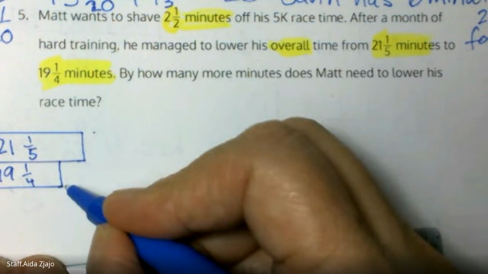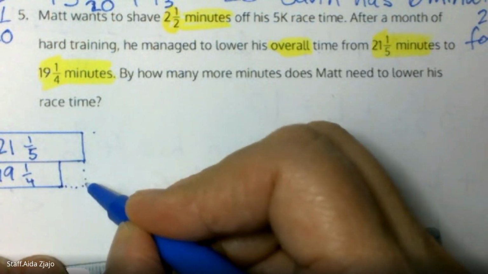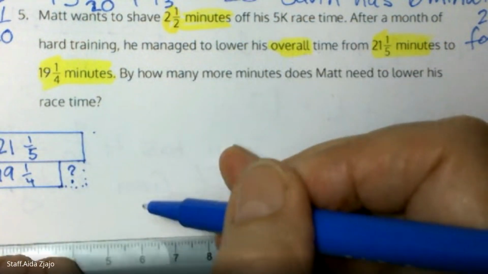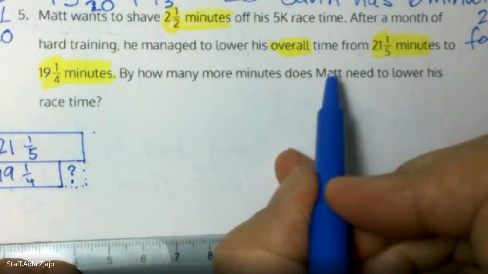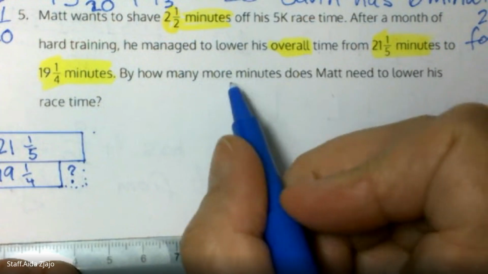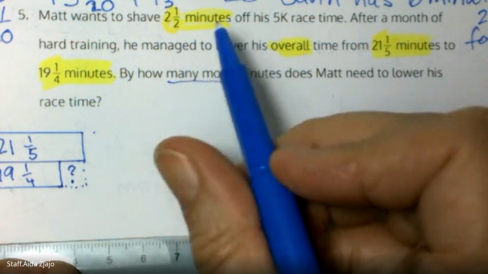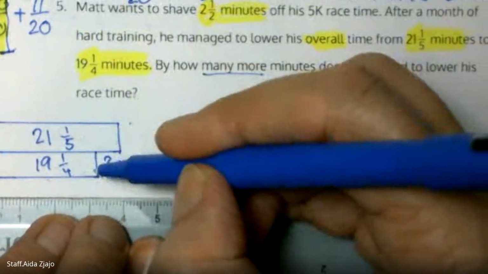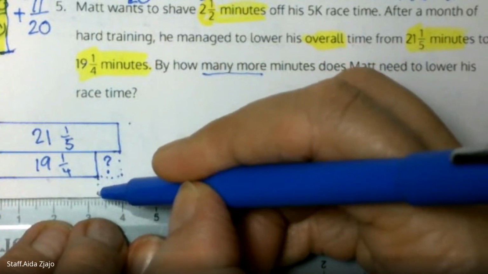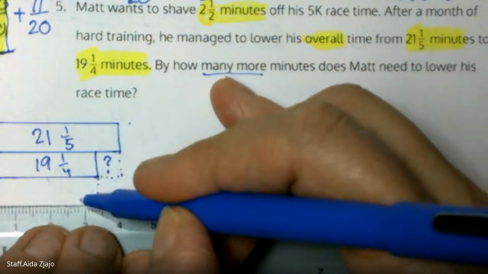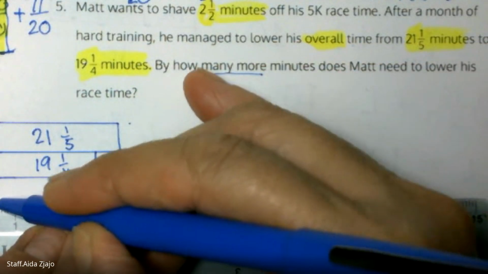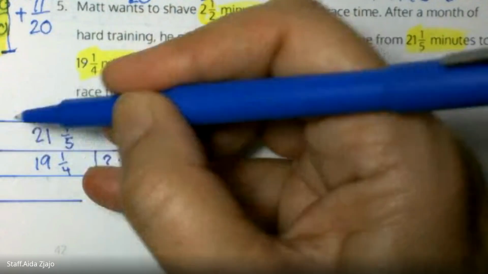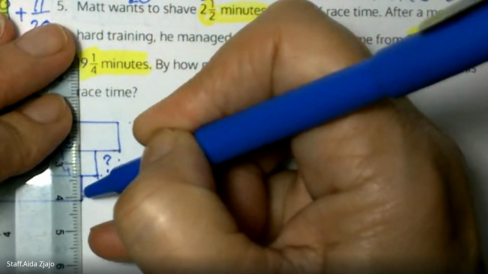We don't know how much he lowered, so that's our question mark. But we also know how much more he needs to lower: 2.5. So this is his goal, that he will run 5K for this much.